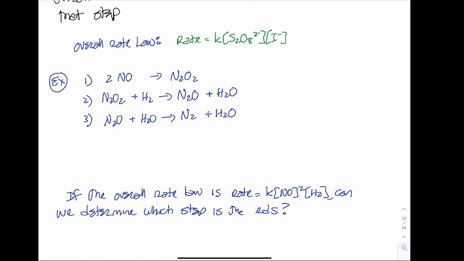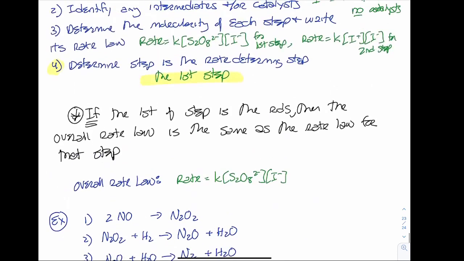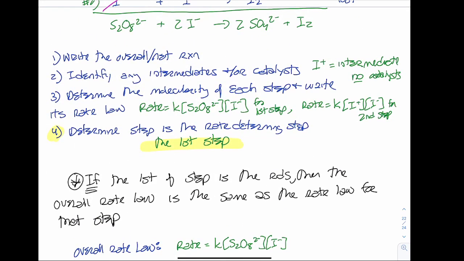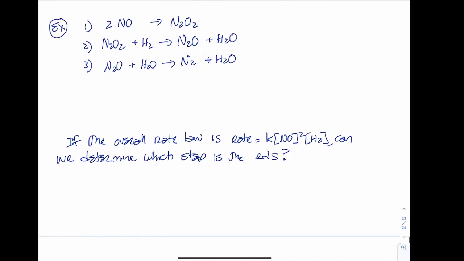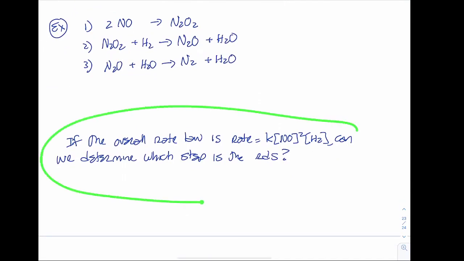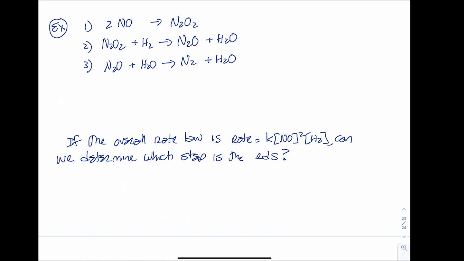Okay. I know I didn't write down all the instructions, but they're essentially the instructions from before. So we're going to write the net, we're going to identify intermediates, catalysts, we're going to write the rate law for each of those steps. And then if our overall rate law is this, which step is rate determining?